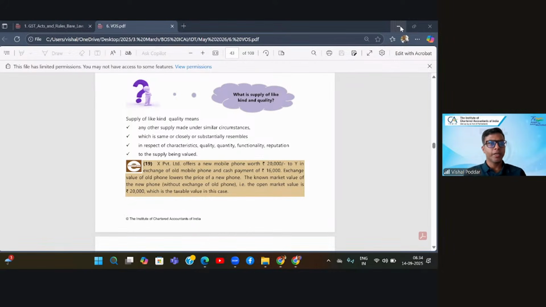Let us take it the other way around. Let us say this same lawyer was with some other CA up till last year, and now he has shifted to me. Maybe if I can find out what the other CA has charged to this person, I can take that as the basis in C. But that may not apply completely because that was last year's price, then the inflation and all will come.